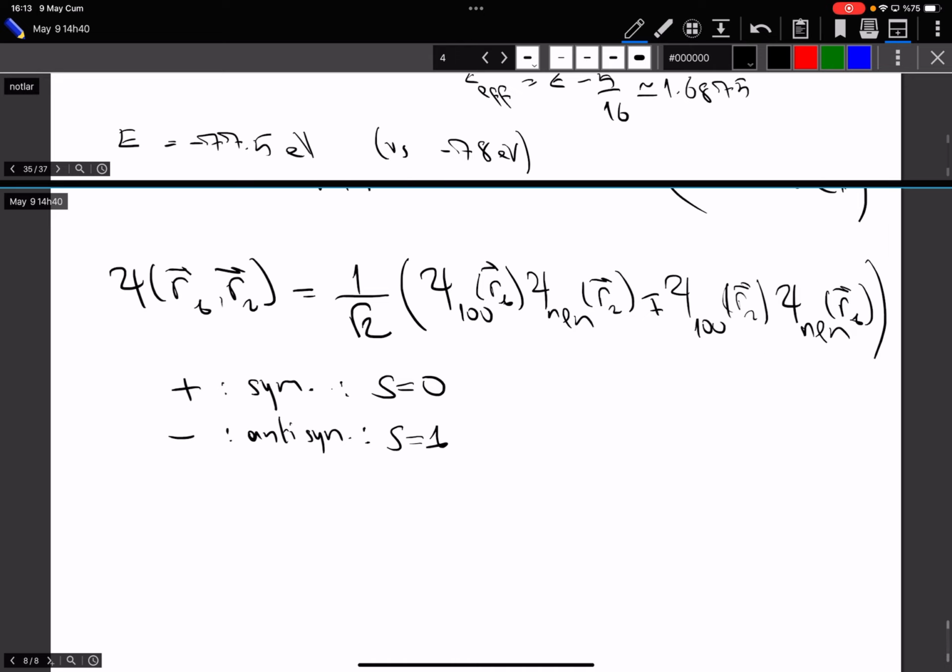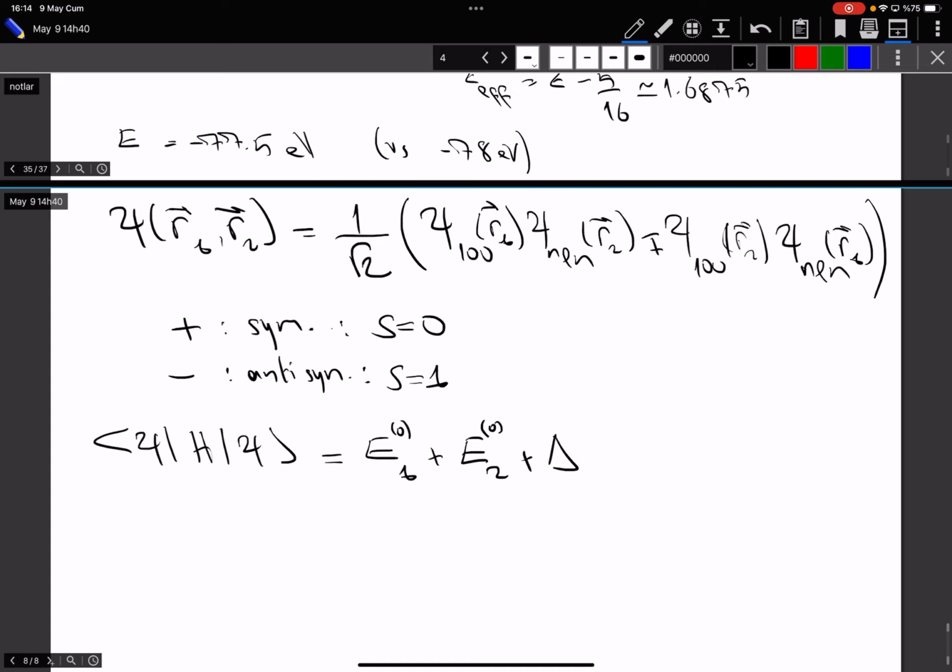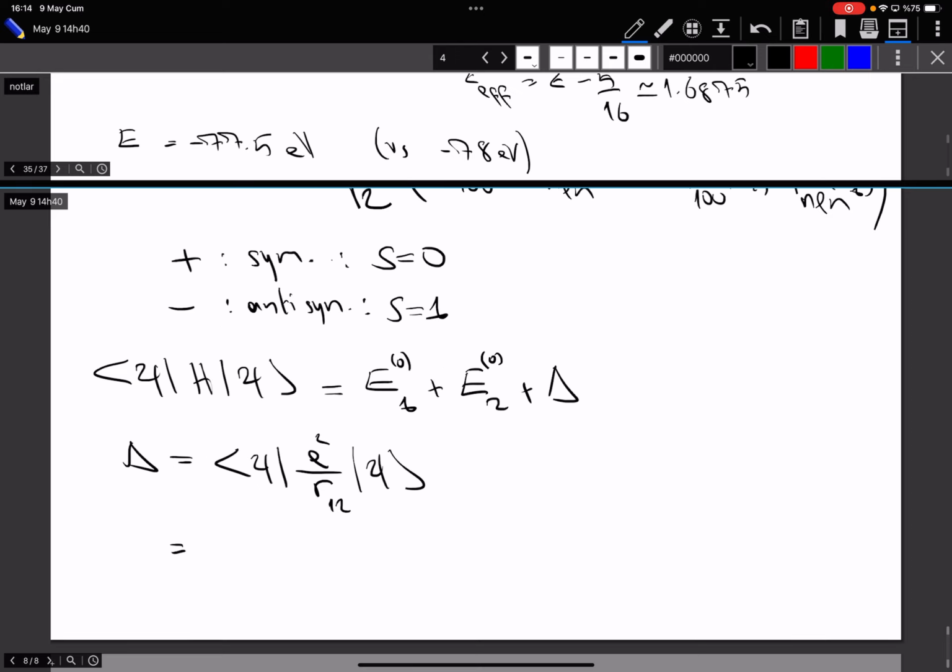Now, what will be the energy? Well, the energy is psi H psi. This will be E1 plus E2, let me put 0,0, plus delta, where delta will be psi, e squared over R1,2, psi. Now, what will this be?